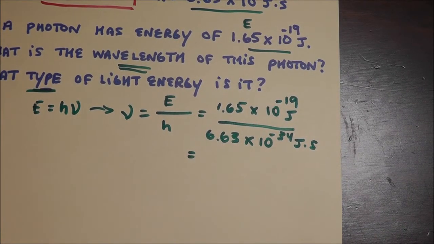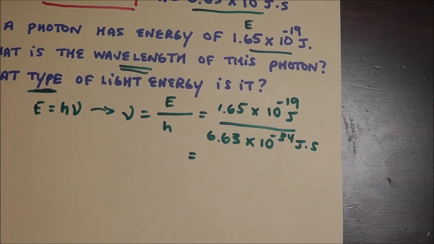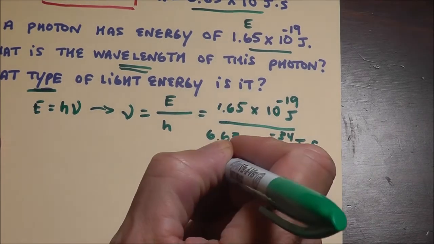And I can tell I'm doing the right thing because I'm going to get a huge number, because frequencies are usually huge. 1.65 times 10 to the minus 19 divided by 6.63 times 10 to the minus 34 equals 2.49. I'll do it in 3 digits. 2.49 times 10 to the 14.